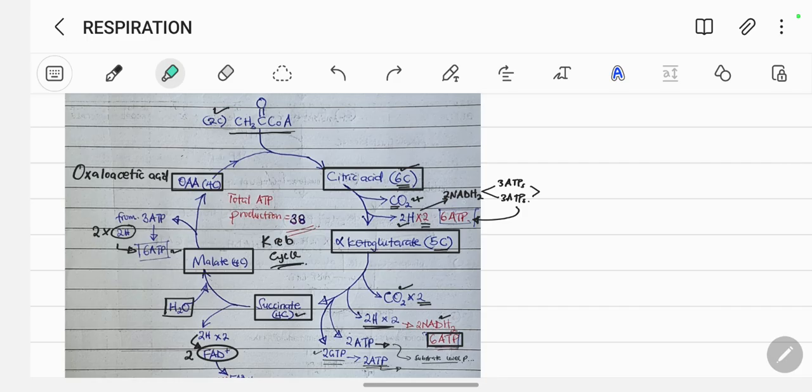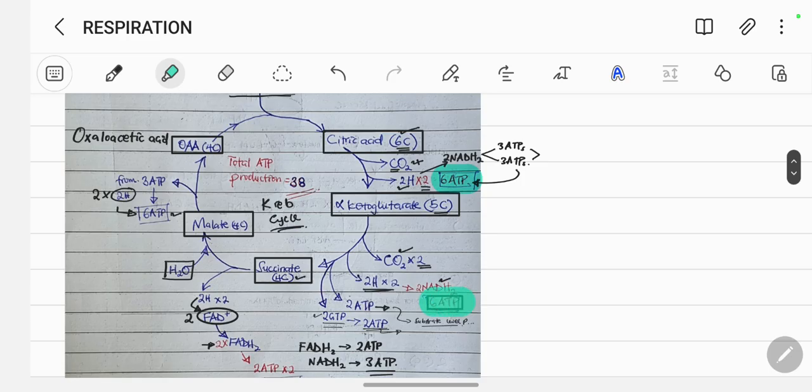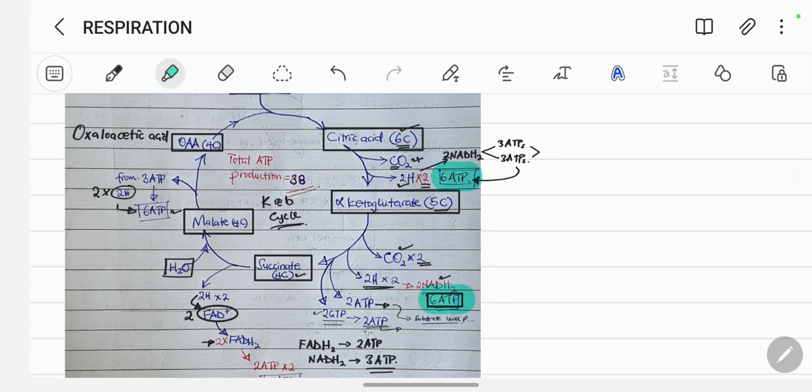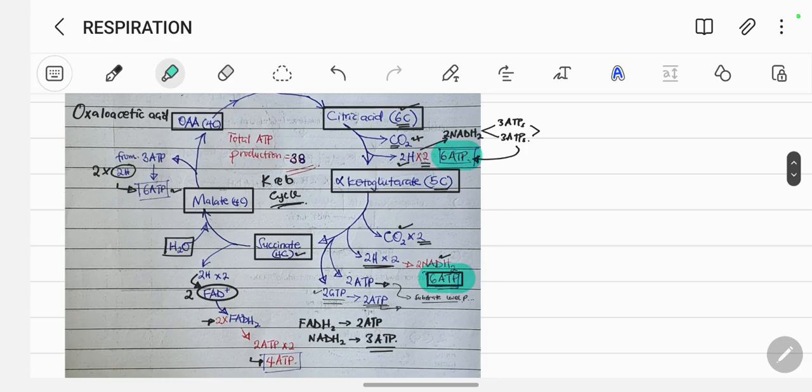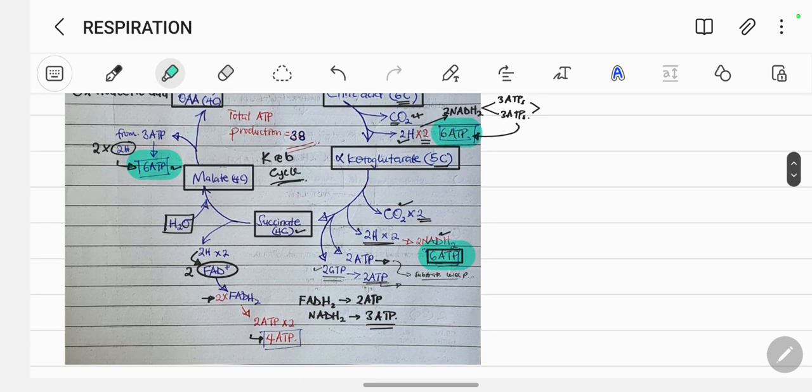We have 6 ATP molecules there. 6 ATP. When we add on 6, that's 12. When we add this 6, that's 18. So when you add on this 4, that's 22.